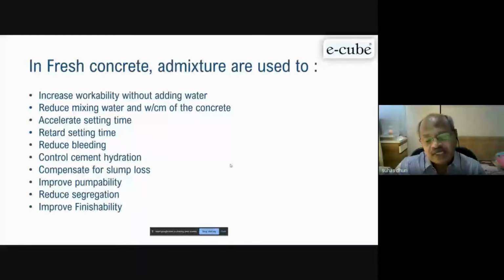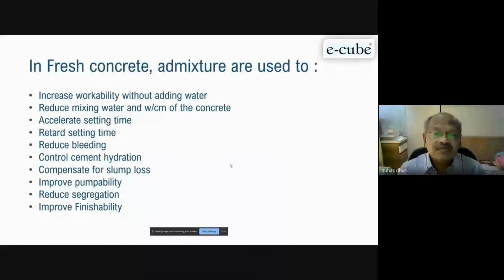So whenever there is such an incidence, you have to use admixture. Without adding more water, you will get more flowable concrete. That is the uniqueness of this particular agent, the admixture.